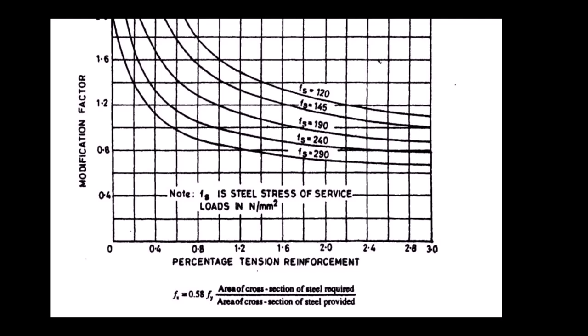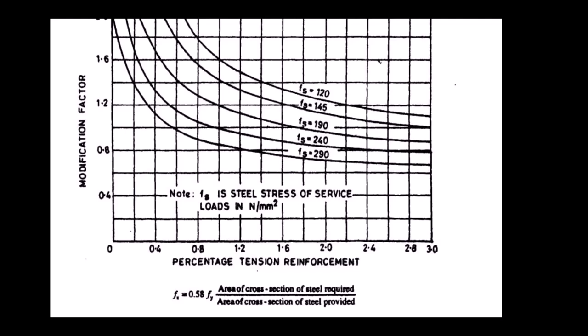First check for fs 240 and percentage of steel 0.33, the value of modification factor is almost 1.5. You can check this value with the help of a pencil or scale. And for fs 190 we can assume the value of modification factor as 1.9. So now we have these two values.